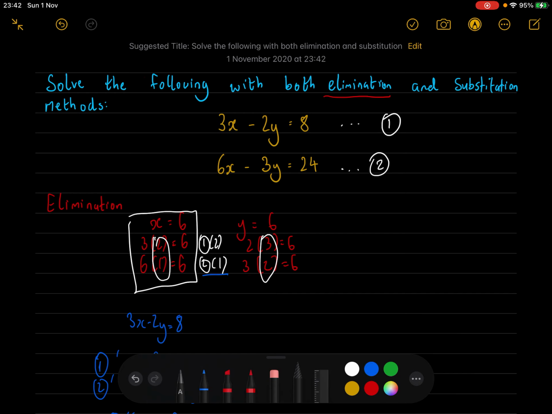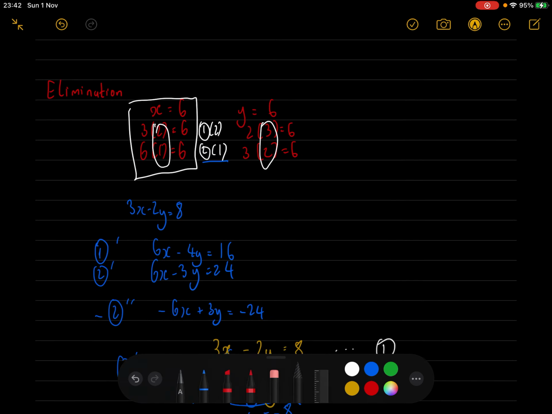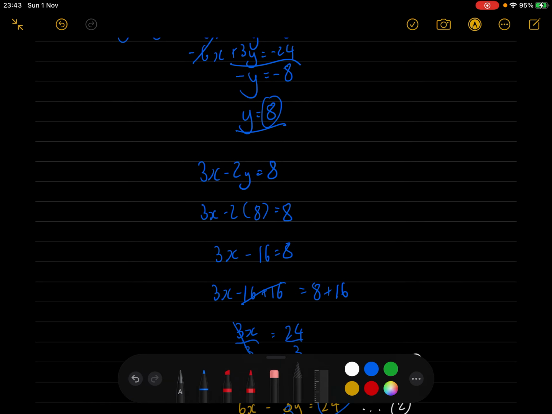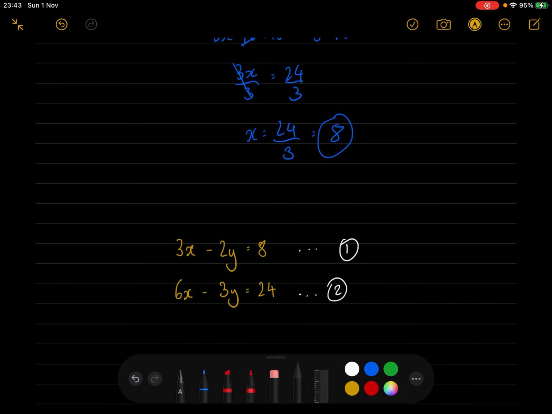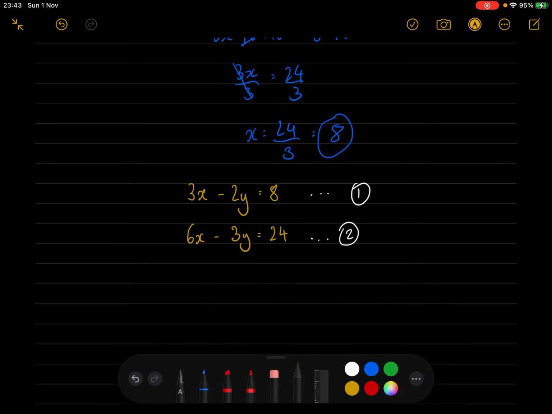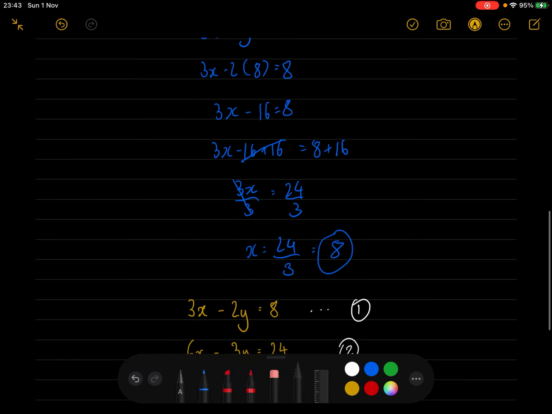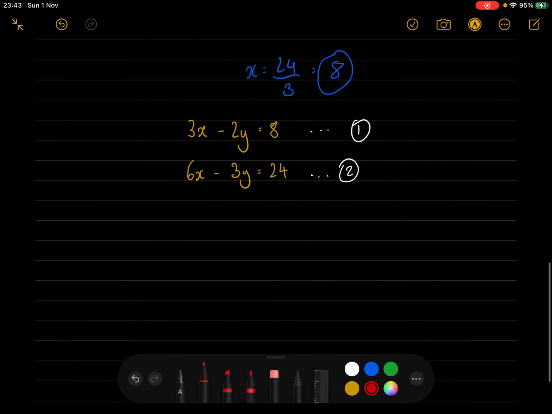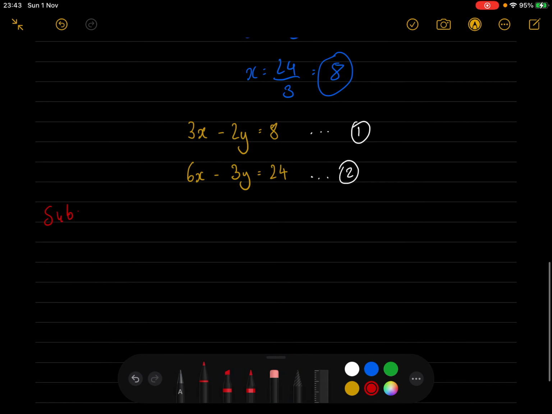Now what we're going to do is try to solve exactly the same thing, but using the substitution method. So let's move this down so that we don't have to scroll too much to get the equations. For the substitution method, we are going to firstly find a value for any variable. For equation 1, 3x minus 2y is equal to 8, I can only find a value for 2y or for 3x because there are no divisibles.